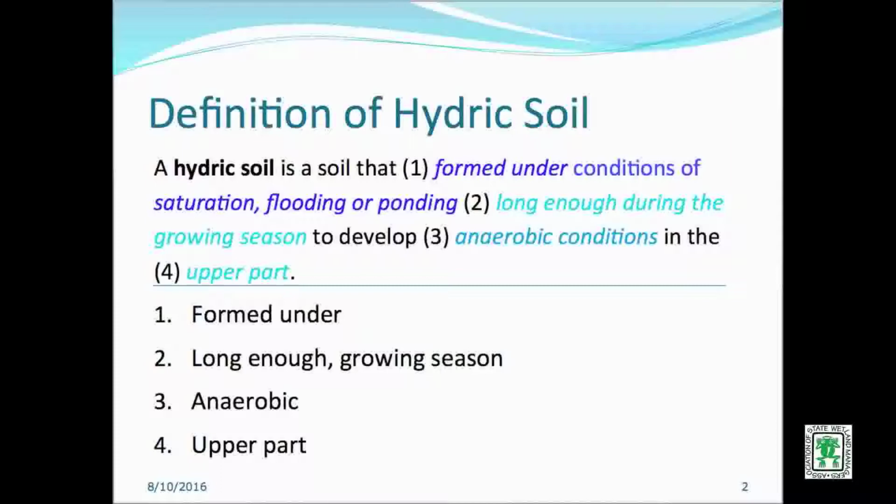Now let's discuss part two, which is long enough during the growing season. Now this is a moving length. It is set in definitions and regulations, and depending on whether you are talking about different regulations concerning either restoration of a wetland or creation of a wetland or just identifying and delineating wetlands on the ground, there is a different length of time.